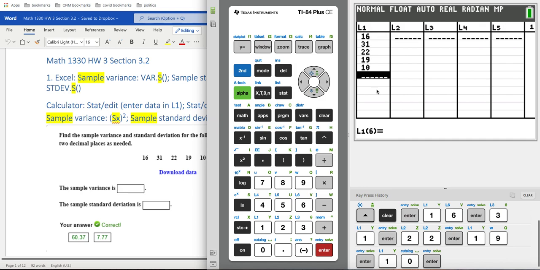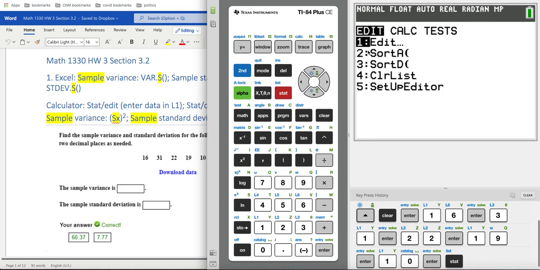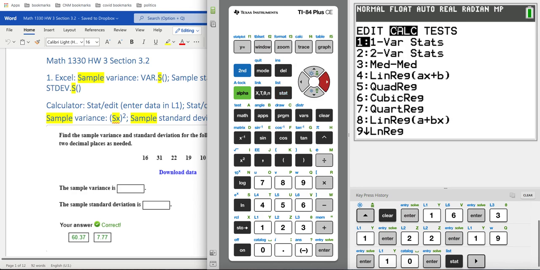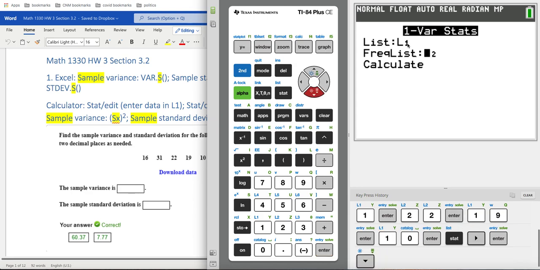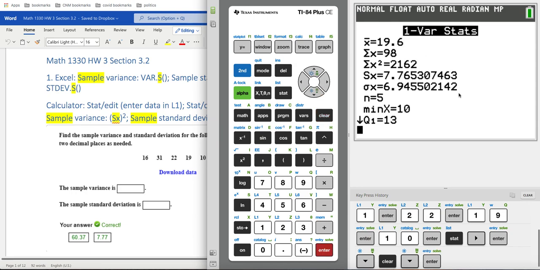So then once you have your numbers in there, you're going to hit stat again. This time you're going to arrow over to calc, and what we want is one var stats. And since that's already highlighted, hit enter. Your list is L1. In this case, we don't have anything in L2, so we want to make sure that is empty. Calculate.